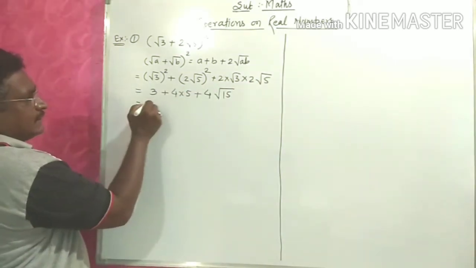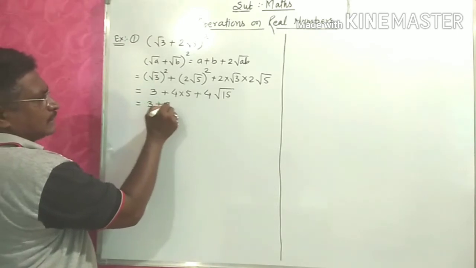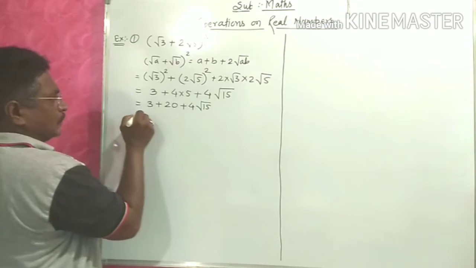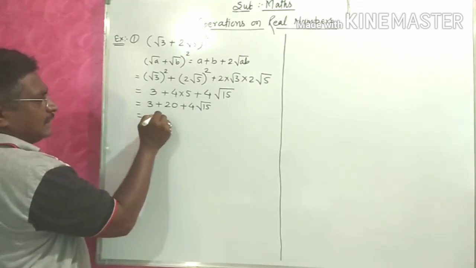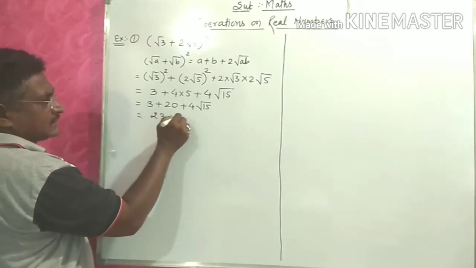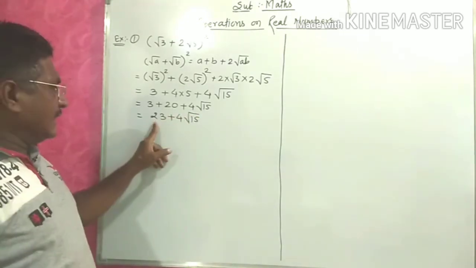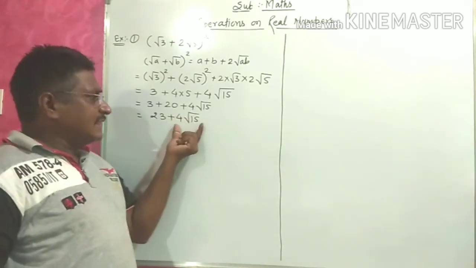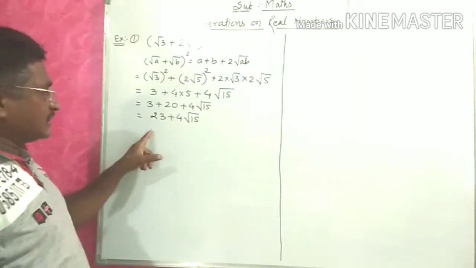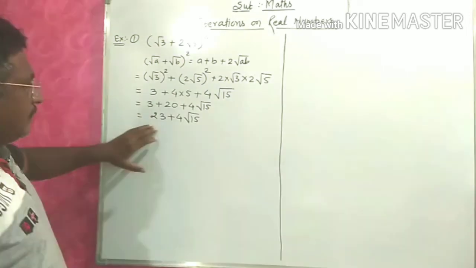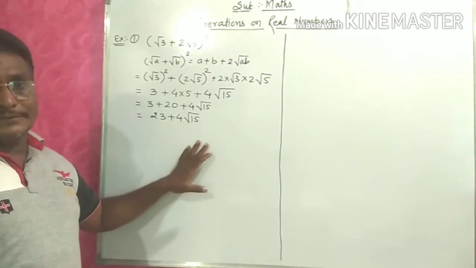So what will we get? 3 plus 20 plus 4 root 15, so the answer is 23 plus 4 root 15. This one is a rational number and this is an irrational number, so rational and irrational numbers we cannot add. Whatever we got, this is the answer.